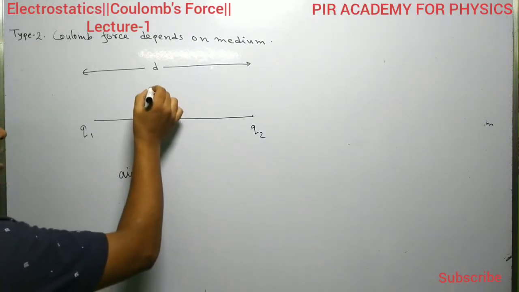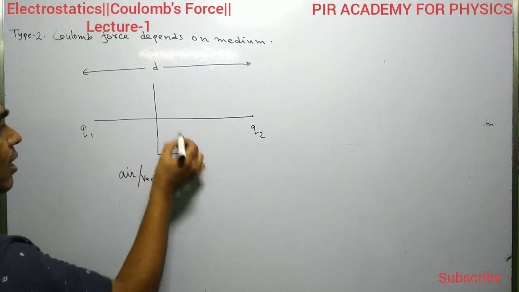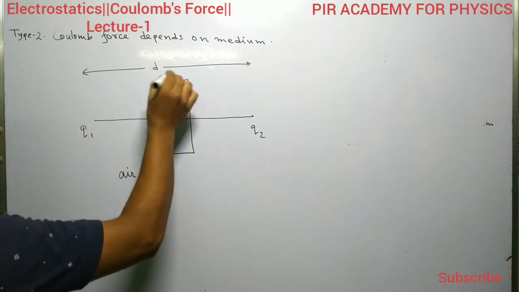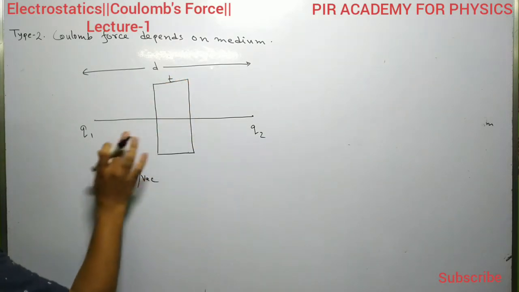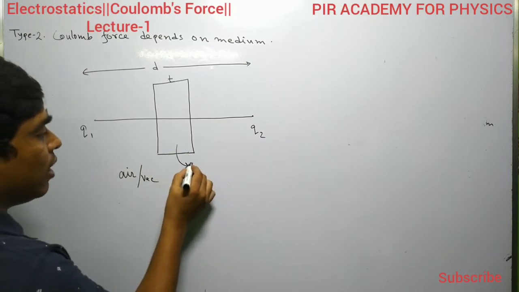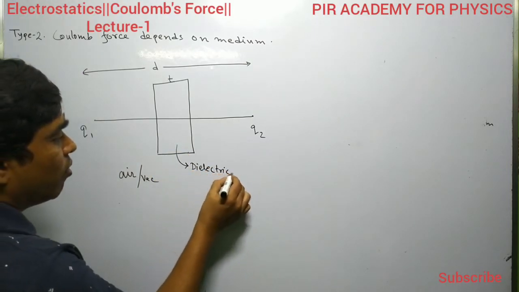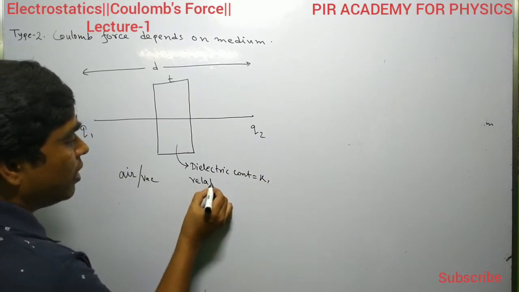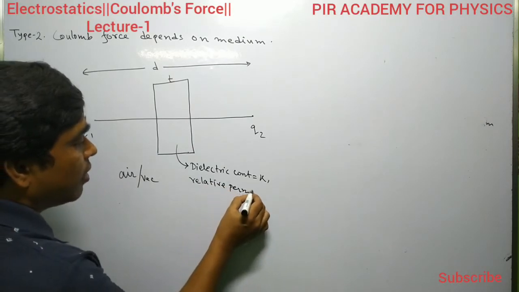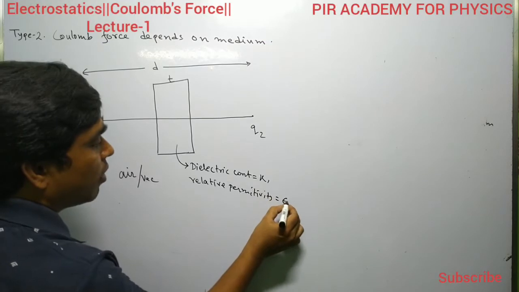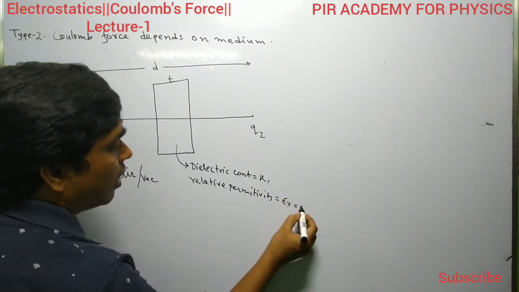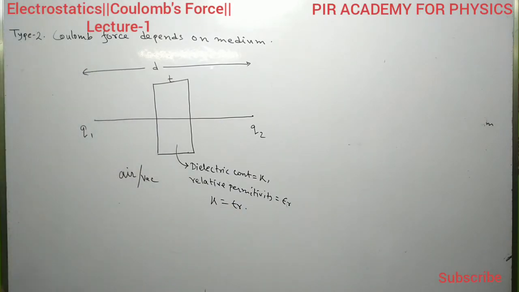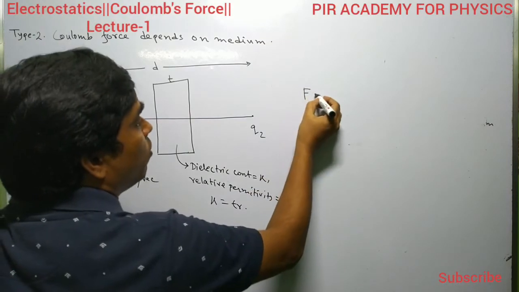If I insert a medium of length t between these two charges, with dielectric constant k, or relative permittivity epsilon r, where k equals epsilon r, you have to find the force between the two charges.